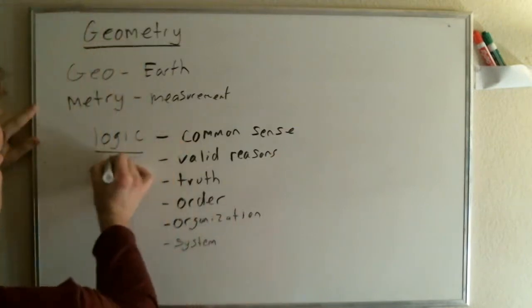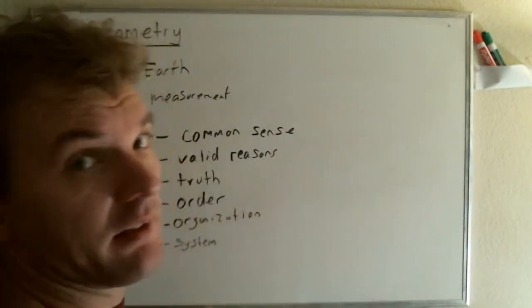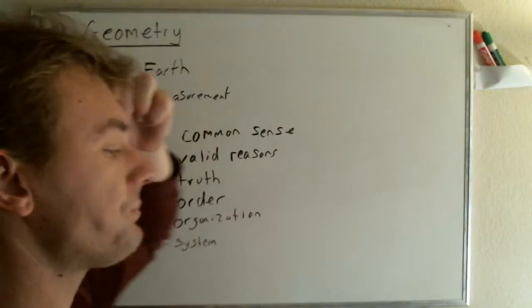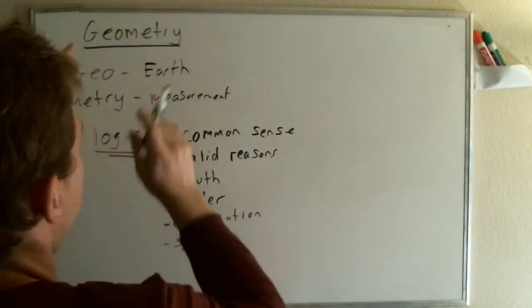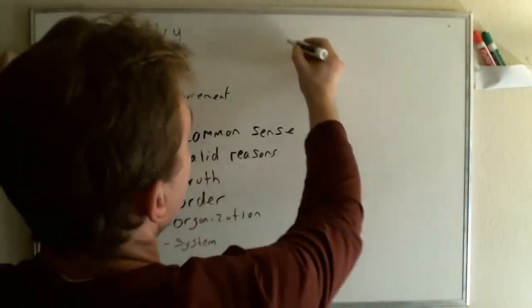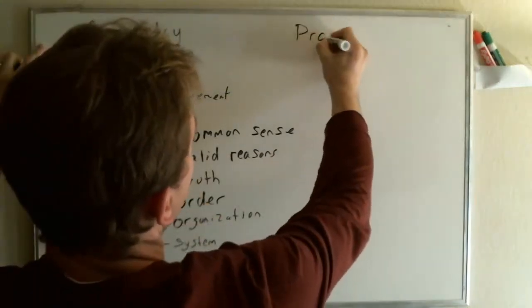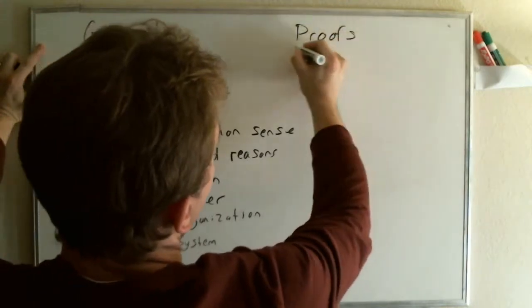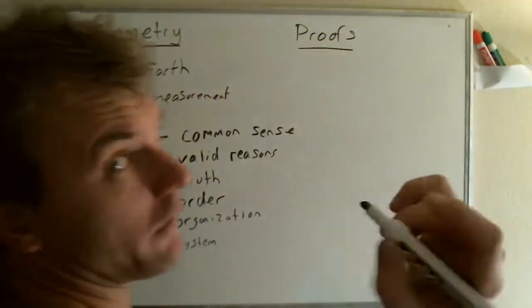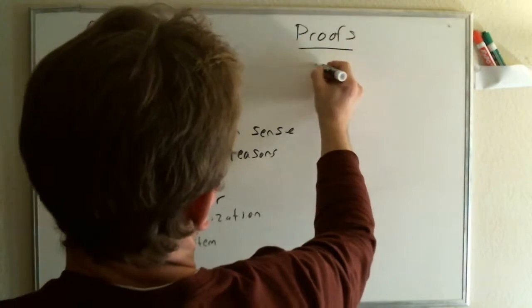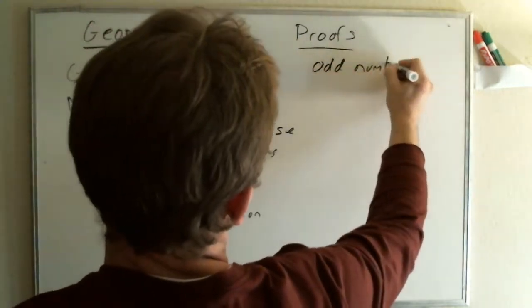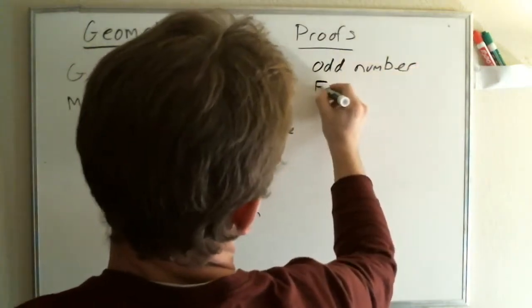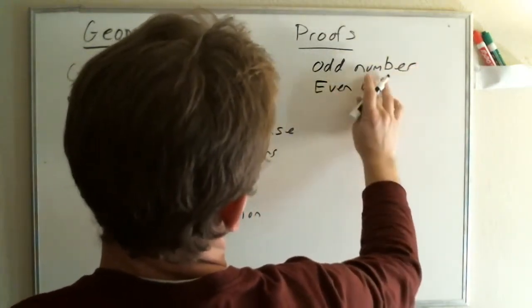So logic is something that I cannot define so much, and we have to deal with a lot of logic in geometry. And why is that? We have a lot of proofs in geometry. One of the proofs is, well, what about an odd number compared to an even number?